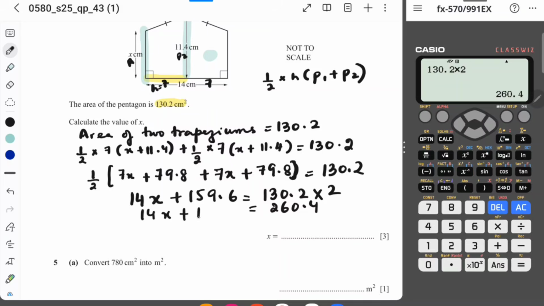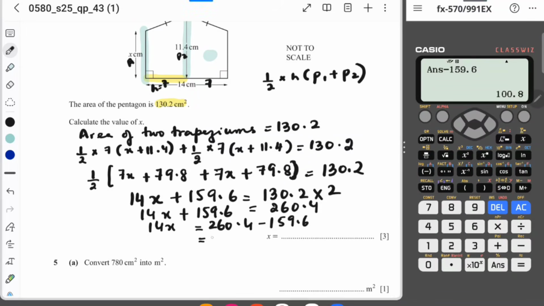So 14x plus 159.6 equals 260.4. So 14x is equal to 260.4 minus 159.6, and that is coming to 100.8. Then you will divide by 14 to get the answer.